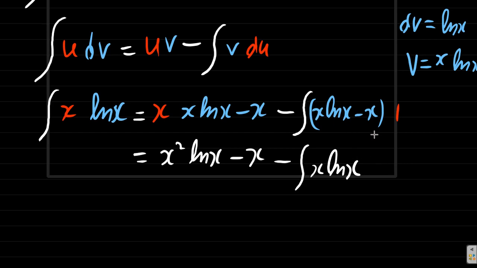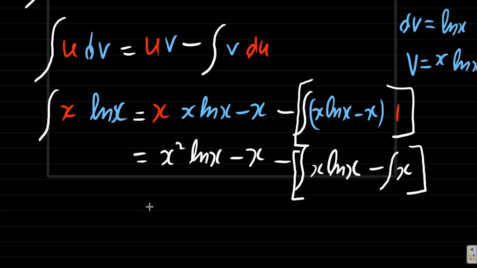Then it's a minus negative, so you'll say plus the integral of x. Or what you could consider is that you're subtracting all of this in the bracket. You put the bracket here and you find the integral of x ln x minus the integral of x and close the bracket. You could consider it that way.